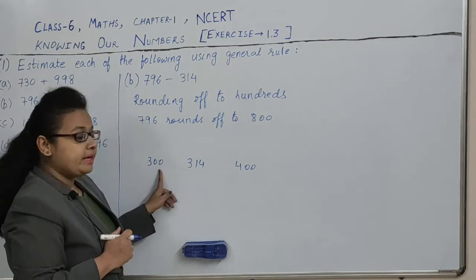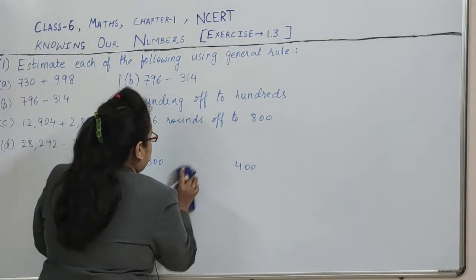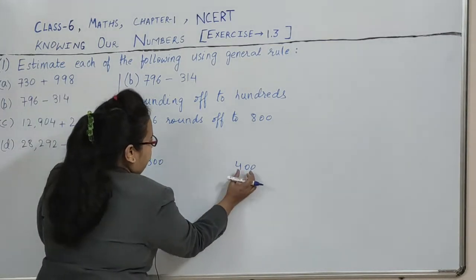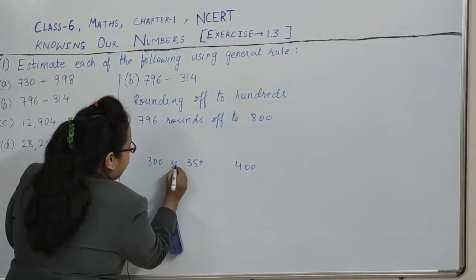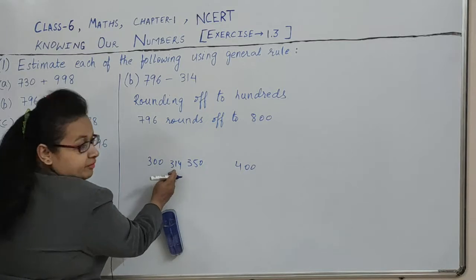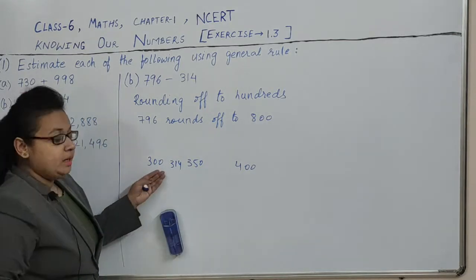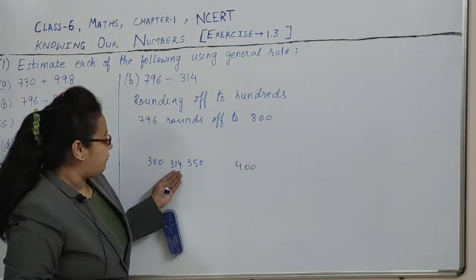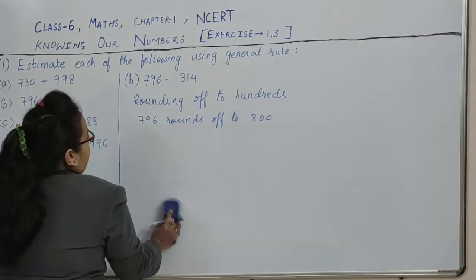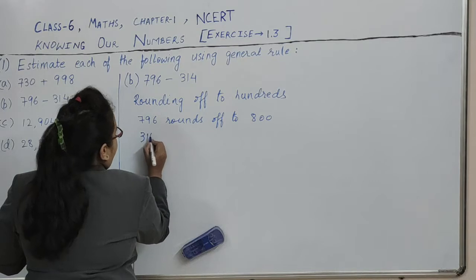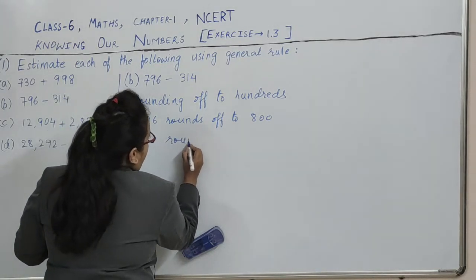It is closer to 300, because the middle number for 300 and 400 is 350, right? And this 314 comes before 350. So it is much closer to 300. So 314 will be rounded off to 300.